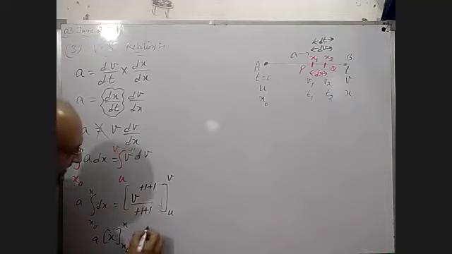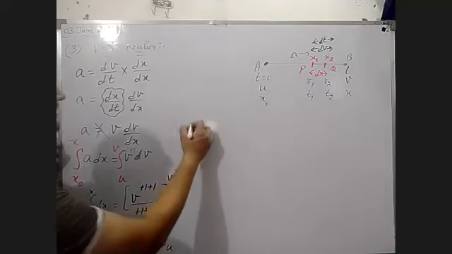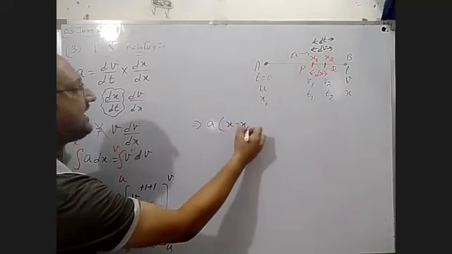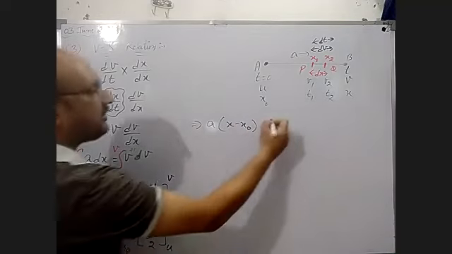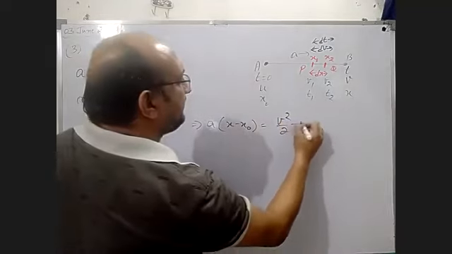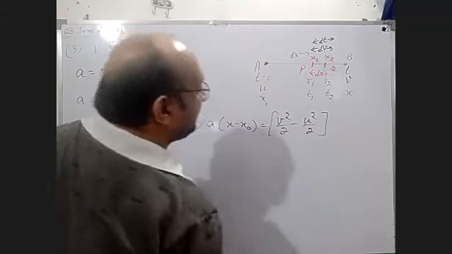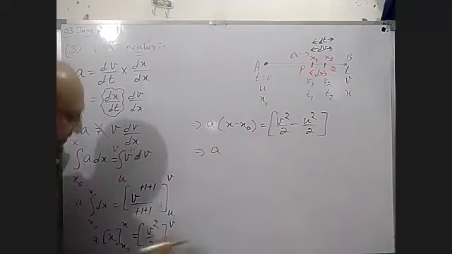Now this becomes v square upon 2, in big brackets, limit u to v. Now solve this: a times (x minus x0) is equal to upper limit minus lower limit, v square by 2 minus u square by 2. Now what is x minus x0?